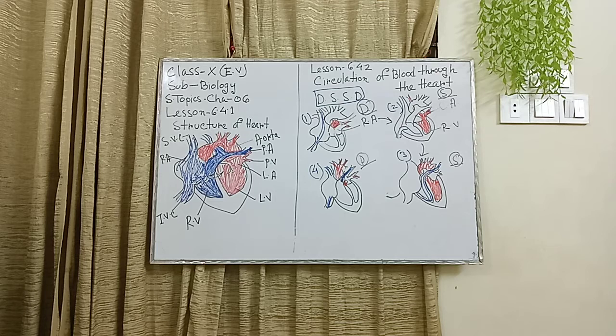Now, I also give it briefly. We have learned earlier that the heart acts like a pump. The heart works by contraction and relaxation. The continuous contraction and relaxation transports blood throughout the whole body.